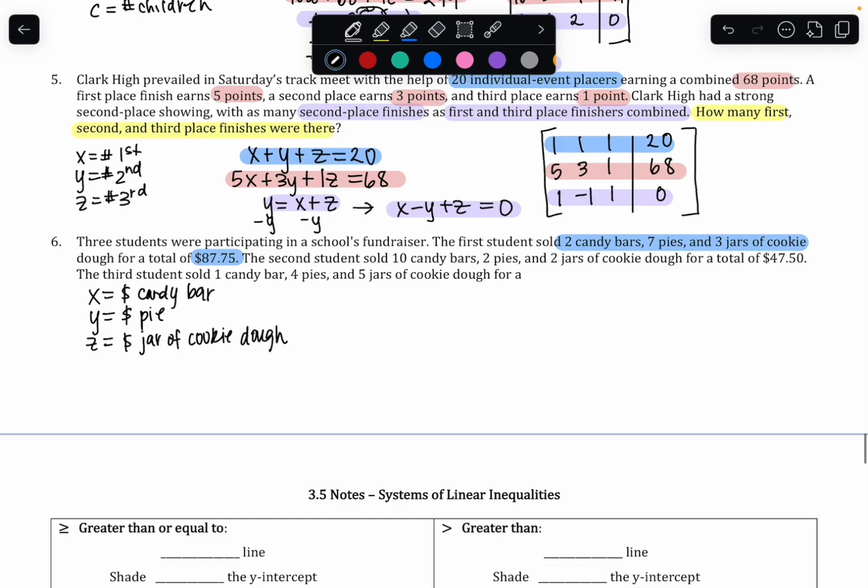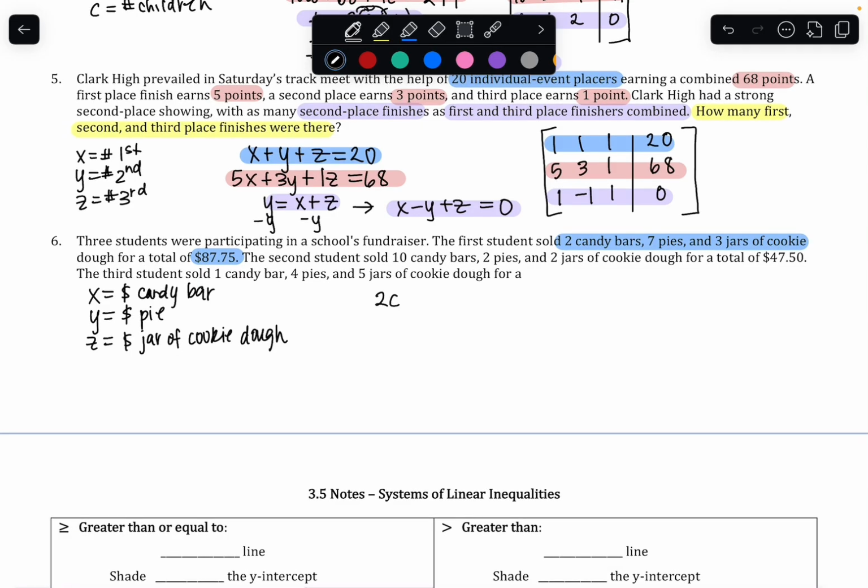And so my first equation, 2 candy bars plus 7, I was using X. 2 candy bars plus 7 pies plus 3 jars of cookie dough came out to $87.75. This time the variables represent the money.